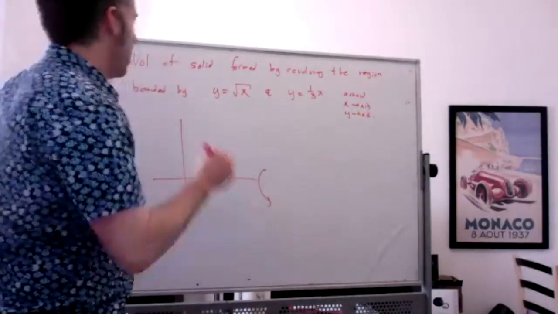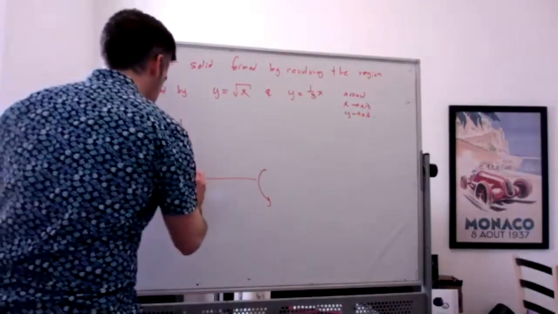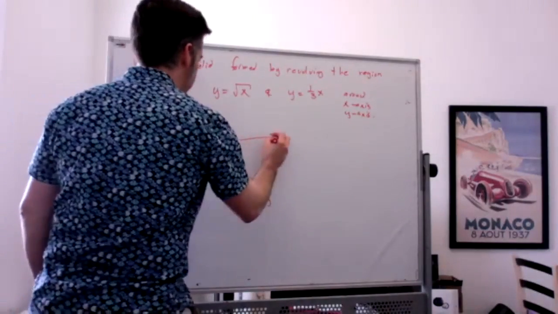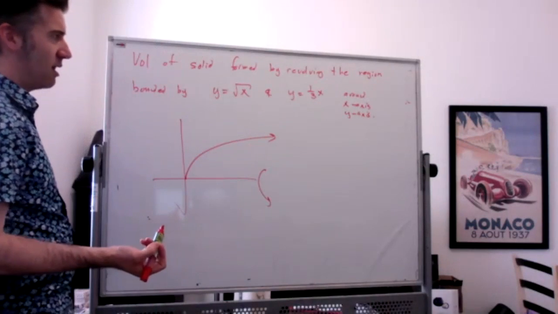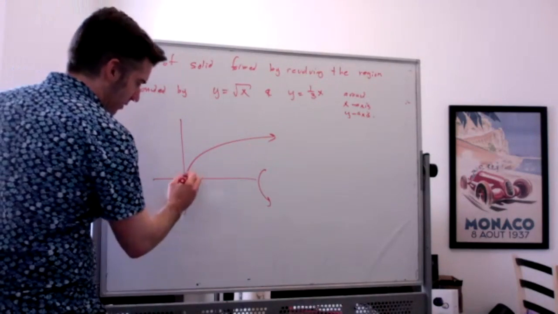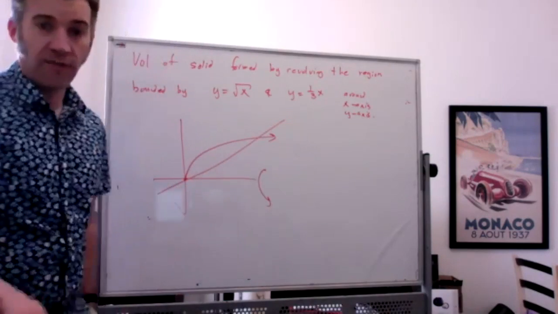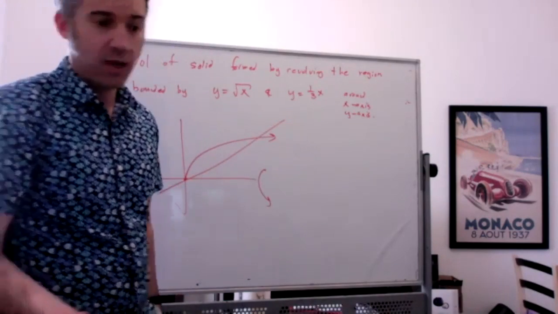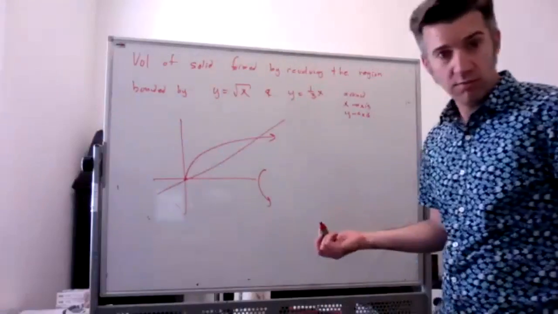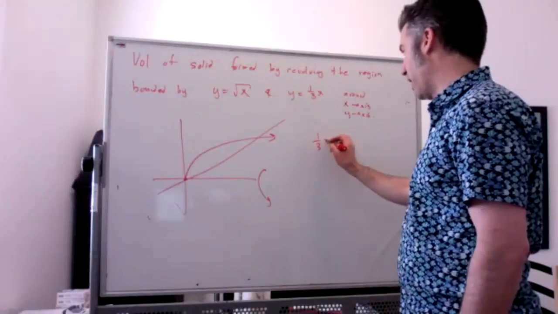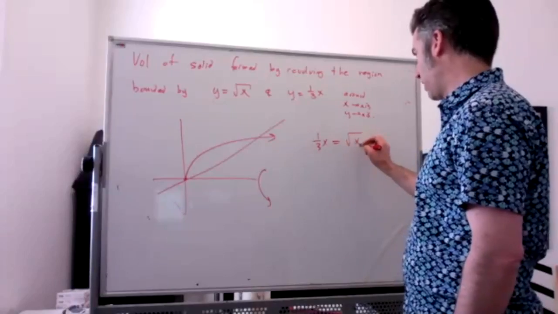Okay, so let's draw the region. We've got y equal to the square root of x, and then we've got y equal to 1/3 x, which definitely is below it like that. If you're not sure which one's on top, which one's on the bottom, you can find the points of intersection by setting 1/3 x equal to the square root of x.